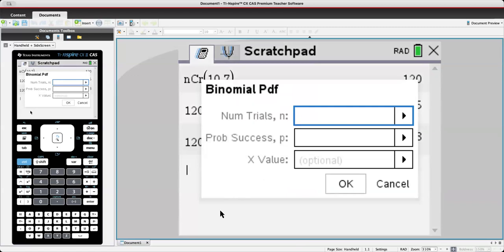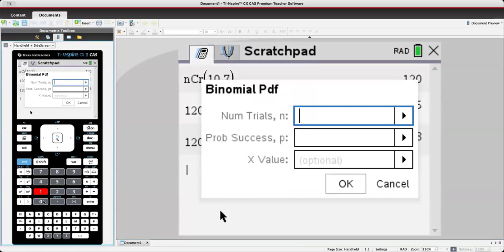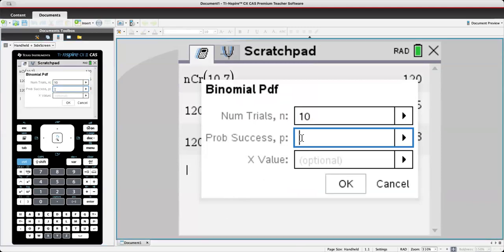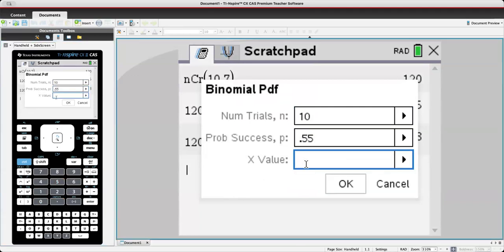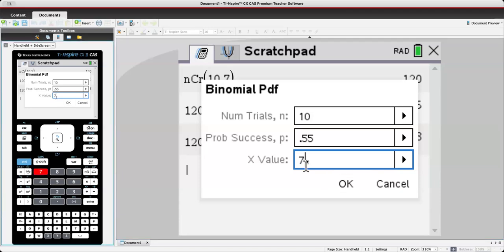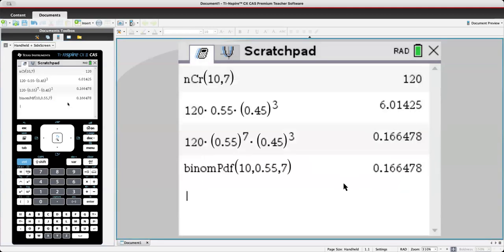Now it will ask us for the number of trials, which was 10. The probability of success was 0.55. And the X value here is going to be 7 because it asks for the probability that it is exactly 7. So let me put in 7 and we should get the same value there, 0.166.